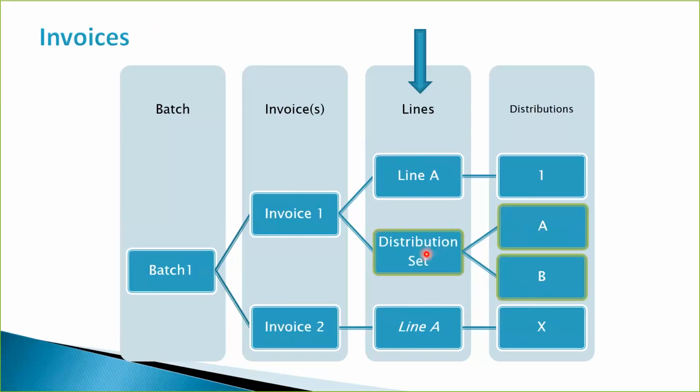So where does the distribution set fall into this? A distribution set allows us to have predefined distributions that we can use at the line level, okay? For example, let's say you usually receive an invoice.